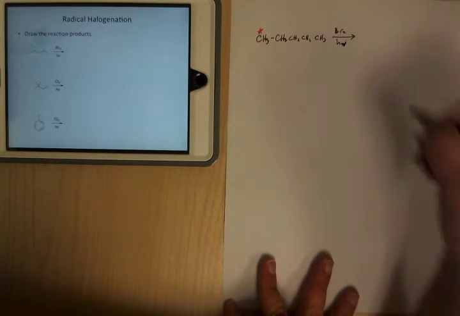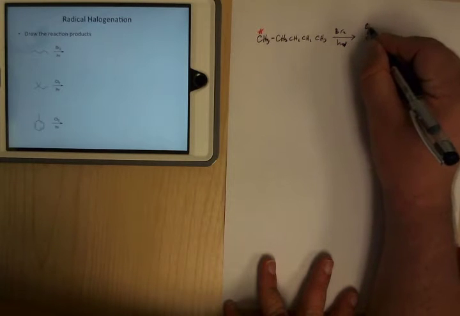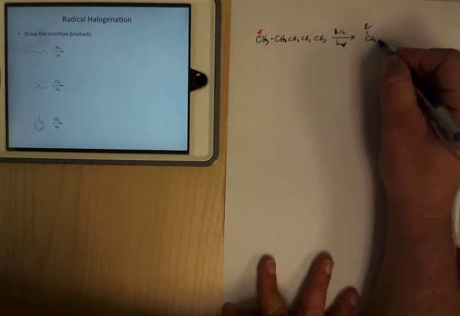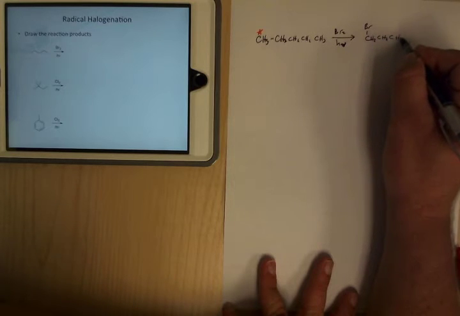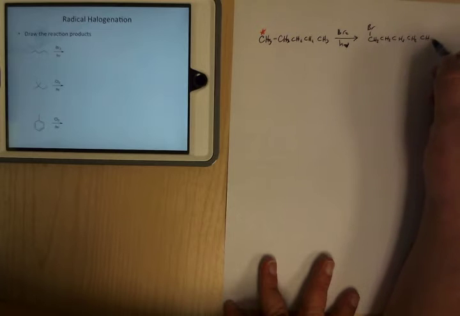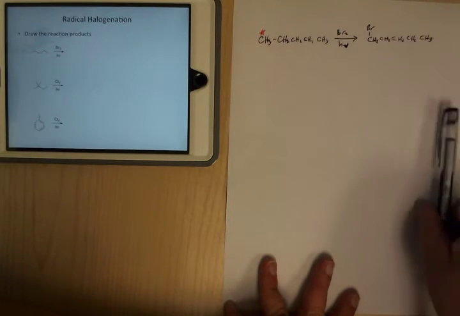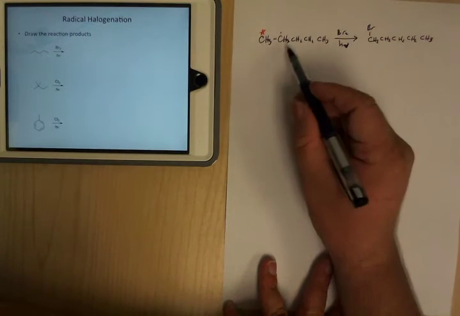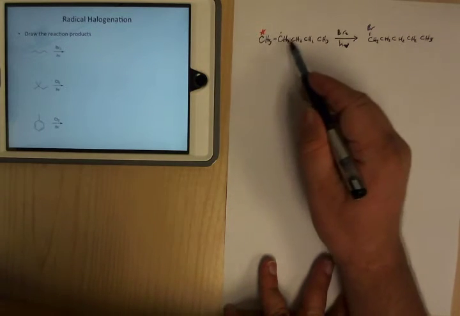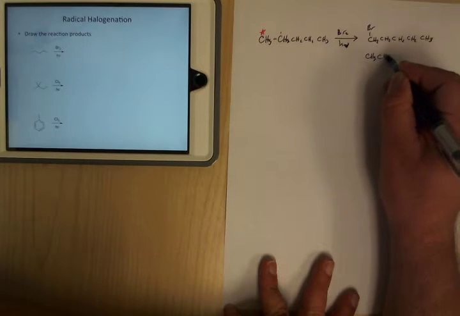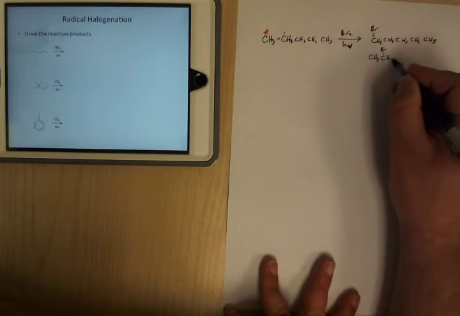When that happens, we swap out one of the hydrogens for bromine, so CH2, CH2. Okay, what about this one? Well, that's a carbon, it's just single bonds, so we can put it here. So instead we can put that bromine there.